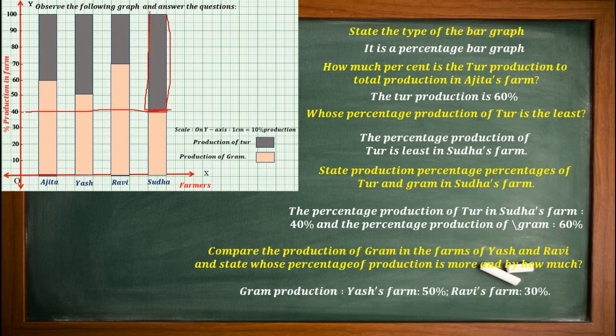You see here, this mark is for Yash, the 50% mark, and Ravi's farm is here, 30%. And gram production in Yash's farm is more by 20%.